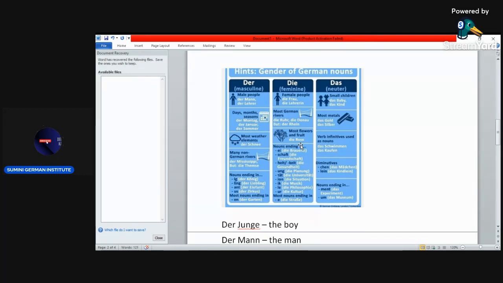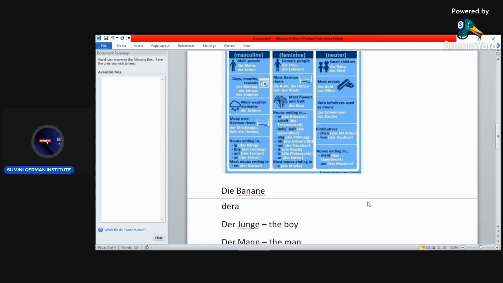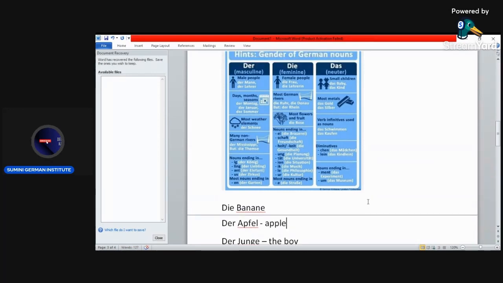Every flower uses die. And fruits, for example, die Banane. Except der Apfel. Apfel is apple, and it uses masculine. So it's not all of them, there's one exception.